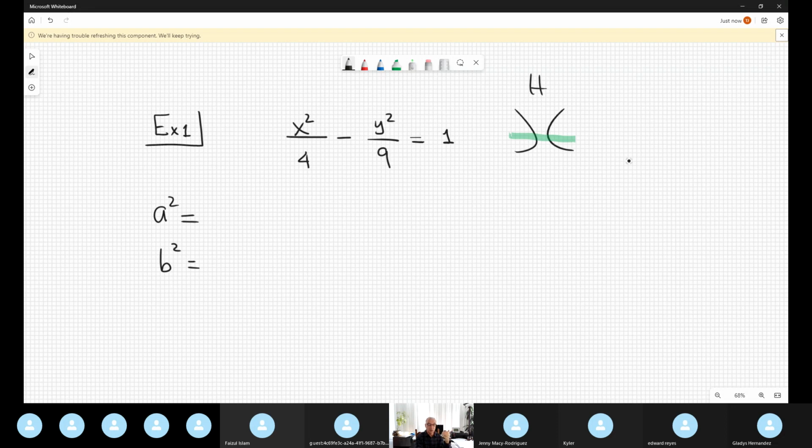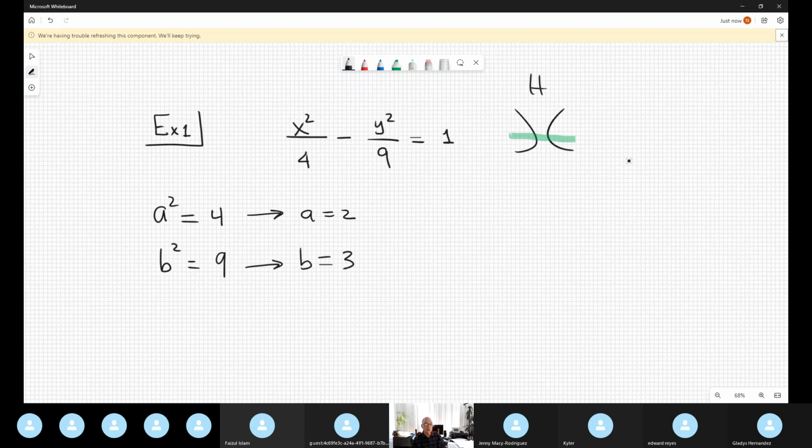Who is a squared and who is b squared? a squared is 4 and b squared is 9, because you take a as the positive part. Always keep in mind, a is positive, b is negative. Therefore, a is 2 and b is 3.